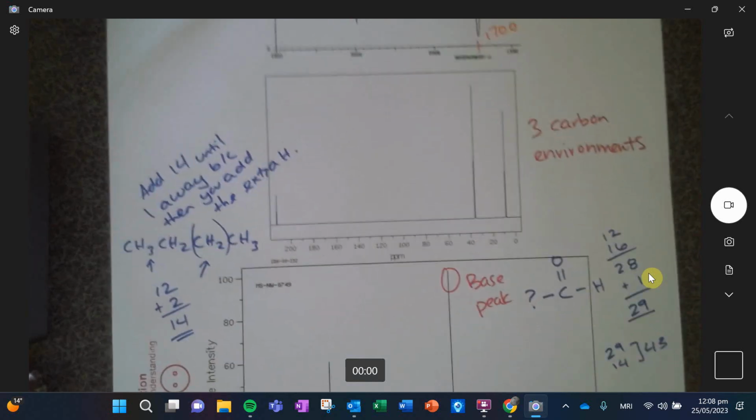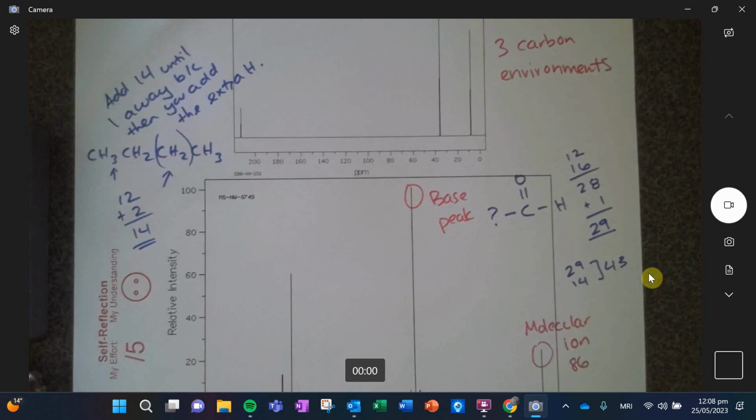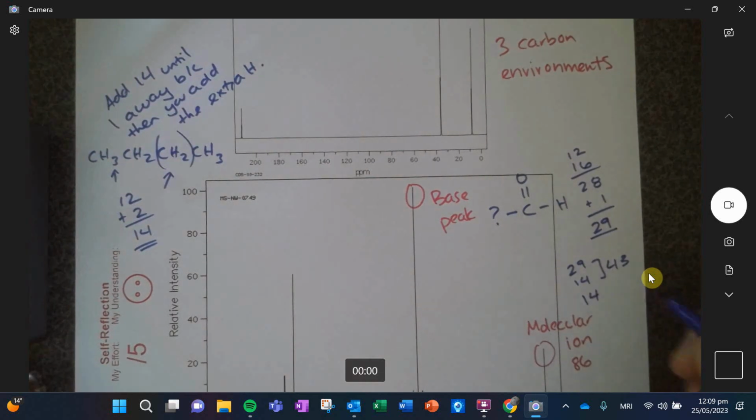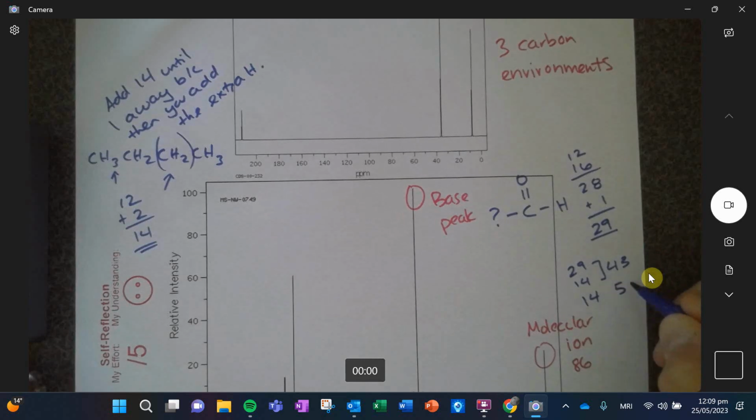So I had 29, my first 14 gets me to 43. If I add another 14, that gets me to 57. Add another 14, that gets me to 71. Still not there. Add another 14, 85.